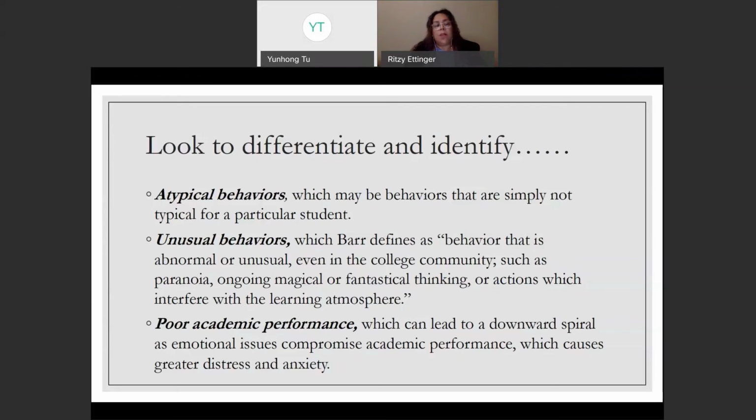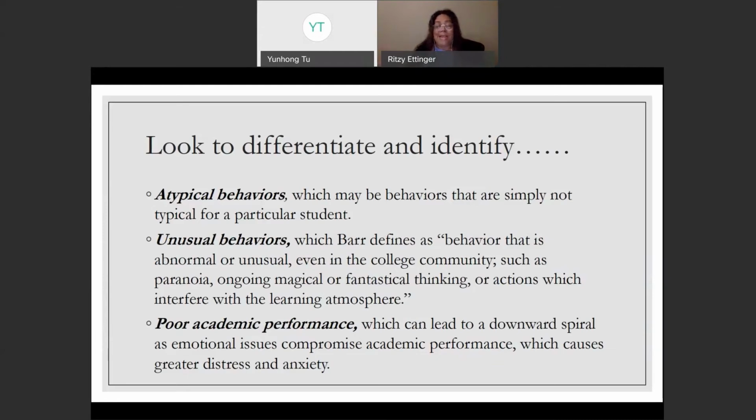And I know I had a bit of an issue because of the work I do with my students on the spectrum, but this is how they identified it: not typical behavior, but then unusual behavior. And what Barr discusses is behavior that's abnormal in a college community, right?